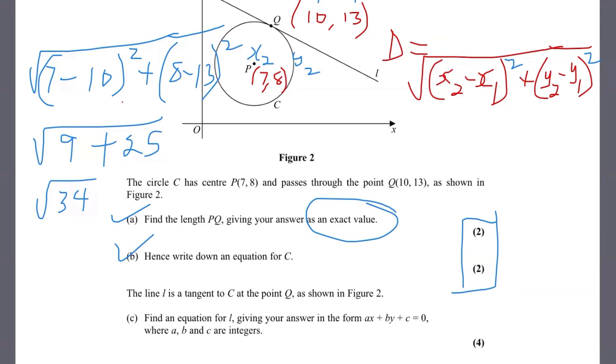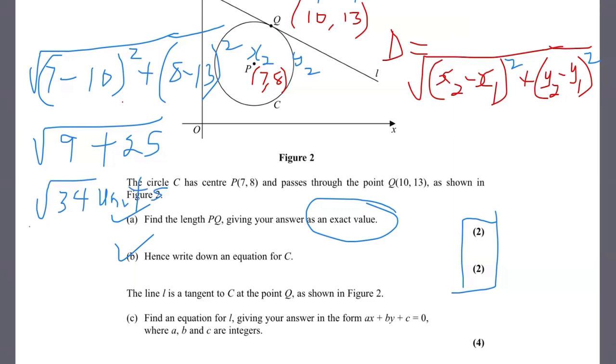Because if I find the square root of 34, I'm looking at something like 5.8309, which is recurring, and that is not exact. So the exact value here means you are not allowed to leave your answer in decimal form. So we'll leave it as root 34. Don't forget to add your units. Is that okay? Yeah.